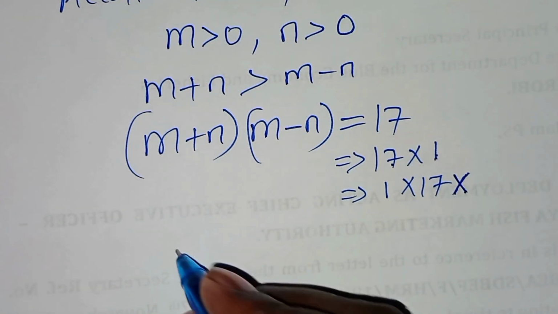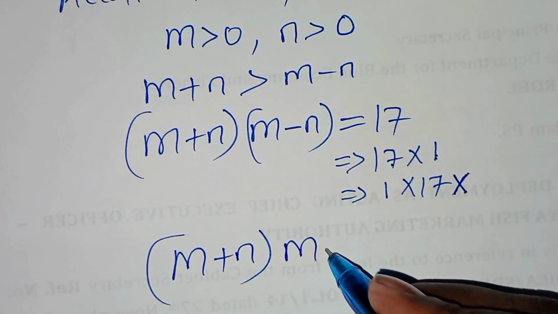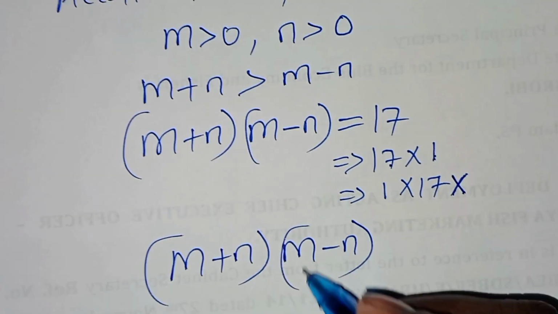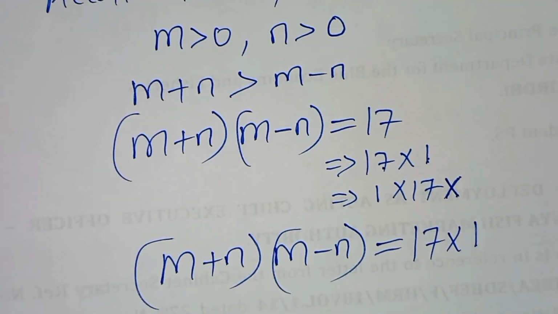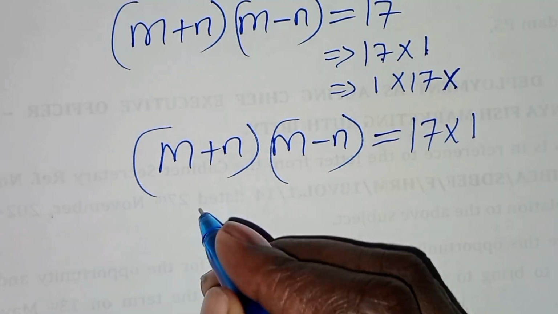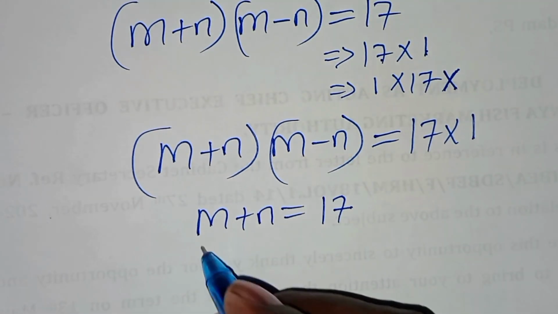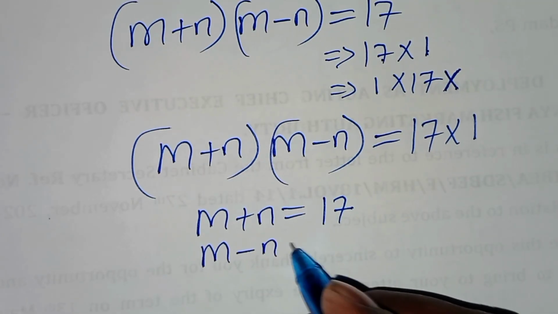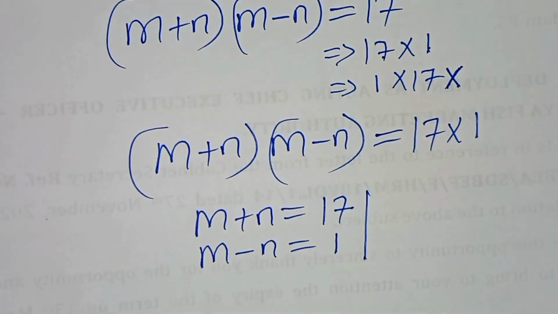So m plus n times m minus n is equal to 17 times 1. The next step: m plus n is equal to 17, and m minus n is equal to 1. So these are two linear equations.